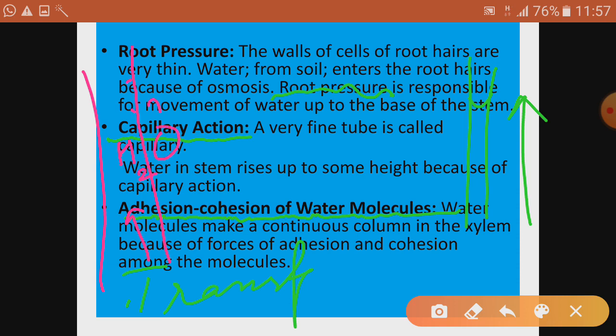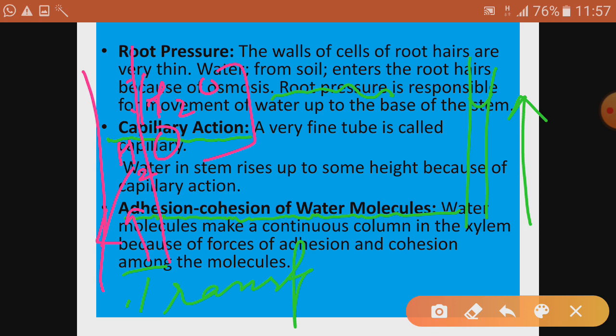The force of attraction between water molecules is known as cohesion. The force of attraction between two water molecules or more than two water molecules is known as cohesion. And adhesion means the force of attraction between water molecule and the wall of the xylem. That is called adhesion. Because of this cohesion and adhesion, water moves upward.